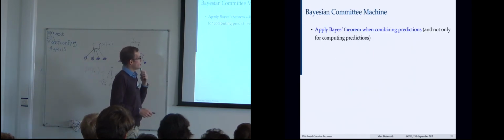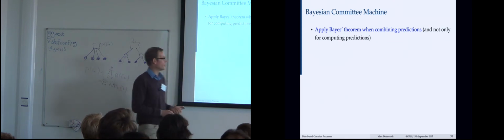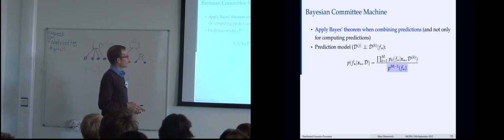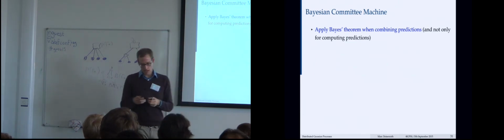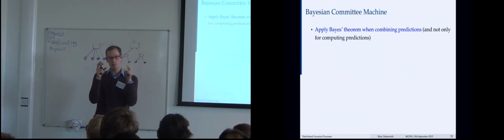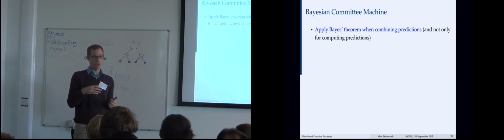So then there's a model called the Bayesian committee machine, which has also been around for 15 years. Here, at a high level, we use Bayes' theorem when we combine predictions. Currently we only use Bayes' theorem when we compute the marginal likelihood and do some sort of training procedure there.